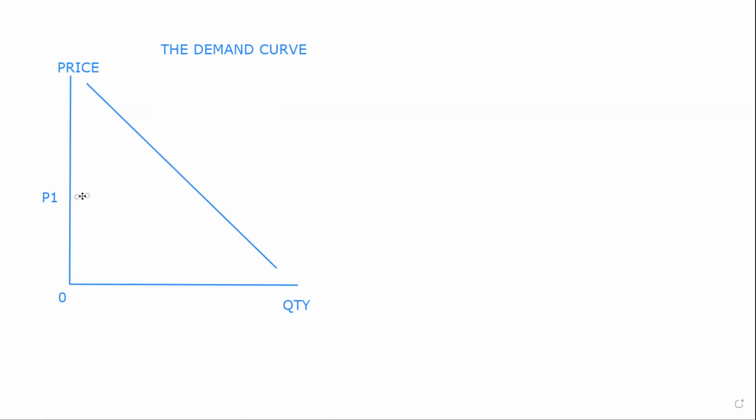Wait, I can't remember how I did this last time. Just give me a second. It's supposed to be squiggly lines, right? At P1, whatever price this is, let's say $5, we are going to demand Q1.